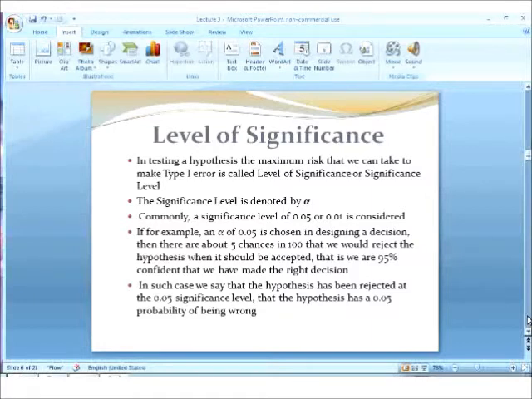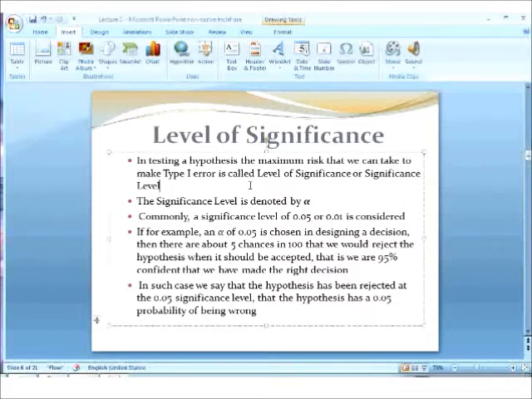Now, in testing a hypothesis, the maximum risk that we can take to make a type 1 error is called level of significance or significance level. I just talked about confidence. So if I am 95% confident about my data set, if I am 95% confident about my hypothesis, then I am taking a 5% chance, just 5% chance, and that is called level of significance or significance level, which means I know that there is a 5% chance that I am either making a type 1 error or a type 2 error.